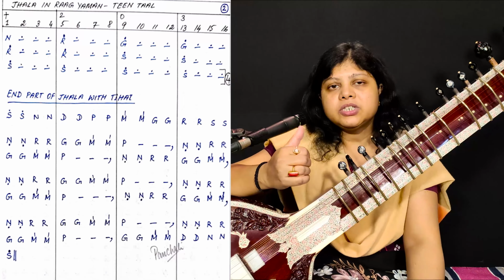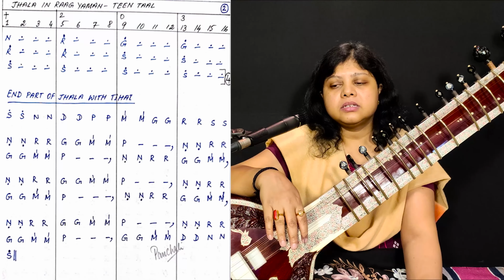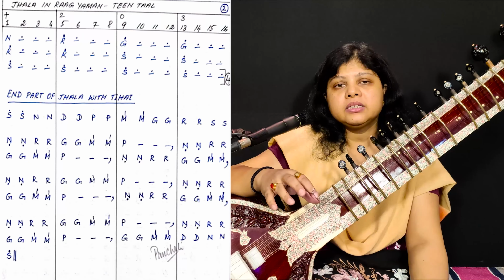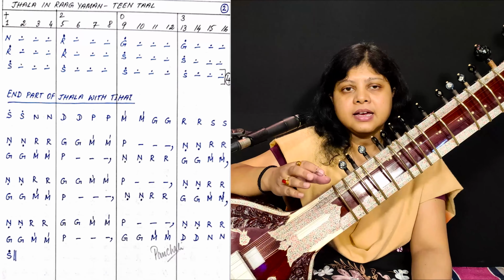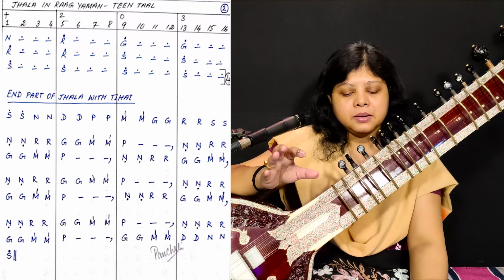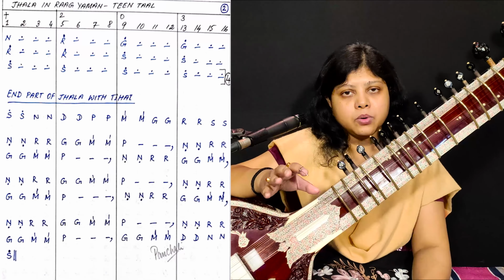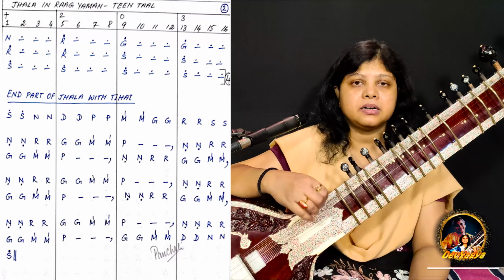As you can see in the notation, I have just given a bracket and written 4. This is just, as I said, a pattern. So here you can increase the speed, or in every sum you can increase the speed, and the conclusion ending part with tihai. But at present I have not increased the speed. I'll be playing in this tempo. So let's see this part again, then we'll come to the ending tihai part.